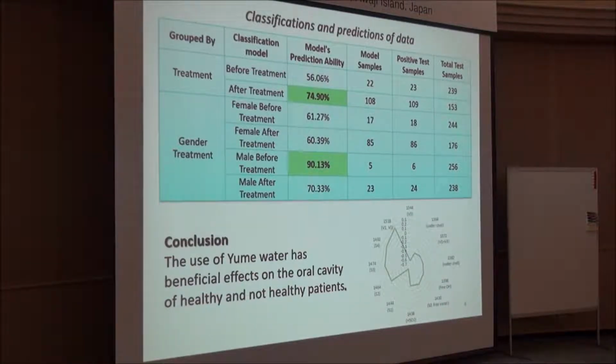You see different results after treatment by mouthwash and before treatment. Conclusion: the use of Yume water has beneficial effect on the oral cavity of healthy and not healthy patients. Thank you.